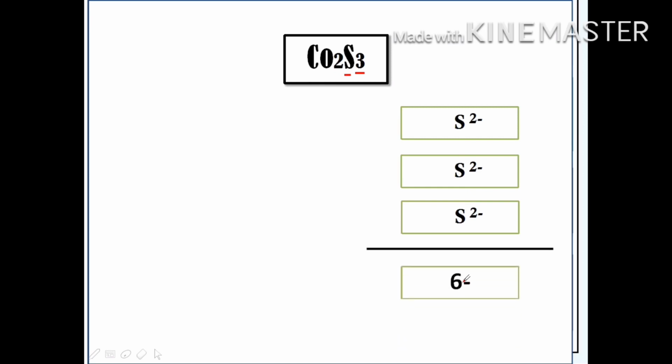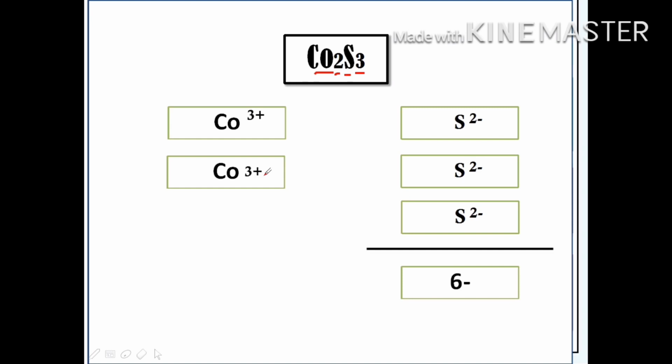And since there is a subscript 2 here, this means that there are 2 atoms of cobalt present in this compound. And for these 2 atoms of cobalt to have a total charge that is equal to the total charge of the anion, these 2 atoms must be carrying a charge of, right, each of them must be carrying a 3 plus charge. 3 plus, and another 3 plus charge, making a total of 6 plus charge.